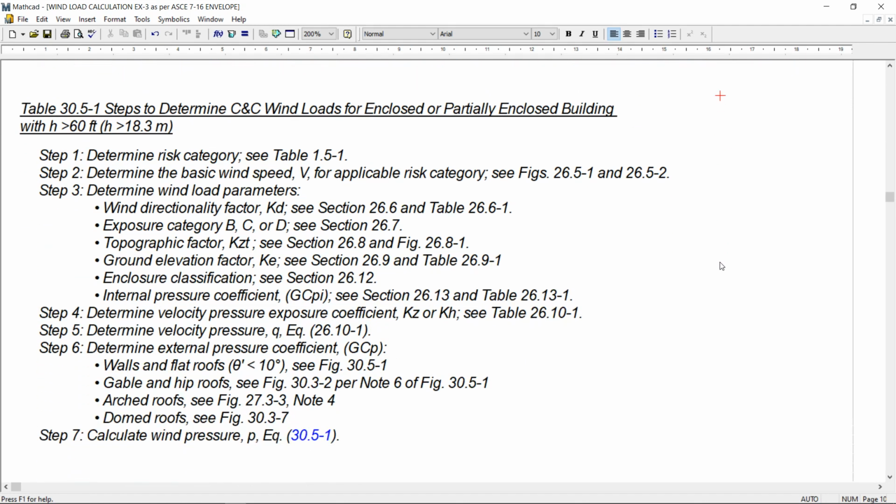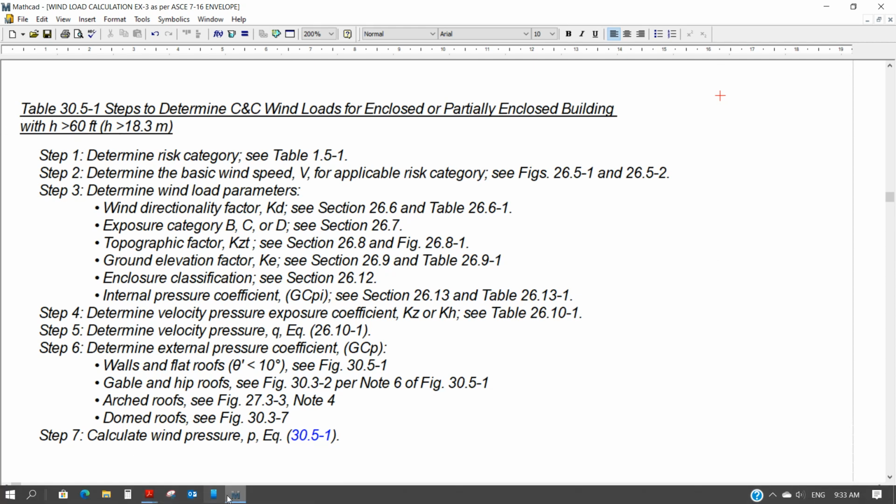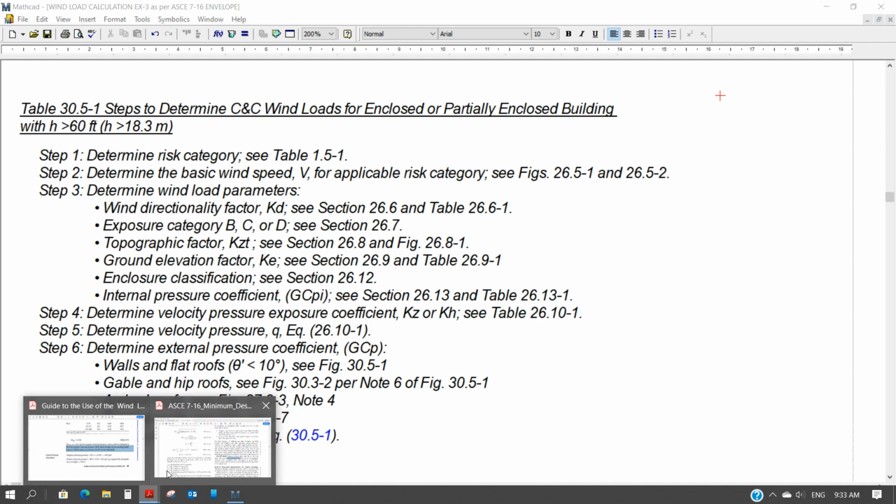Now for component and cladding, let me show you chapter 30 part 3.